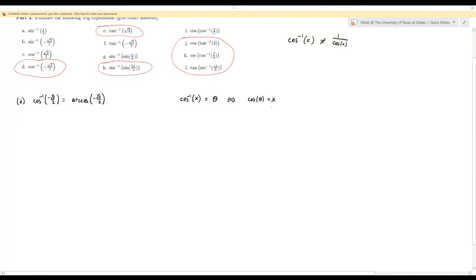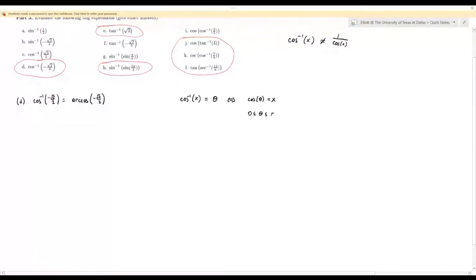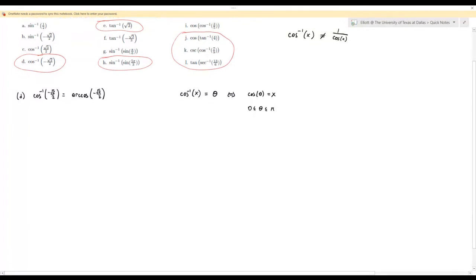Now, all the inverse trig functions give you an angle in a certain range. For inverse cosine, the angle has to be in the range from 0 to pi. I'll talk about the range of the other inverse trig functions as I encounter them in the other problems.